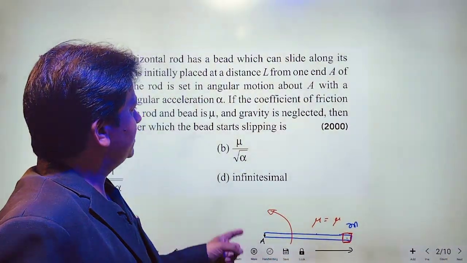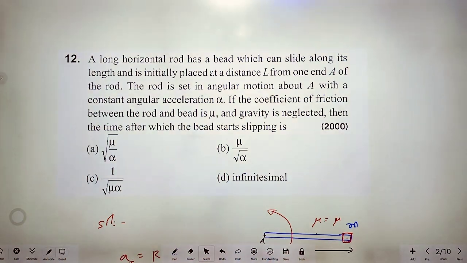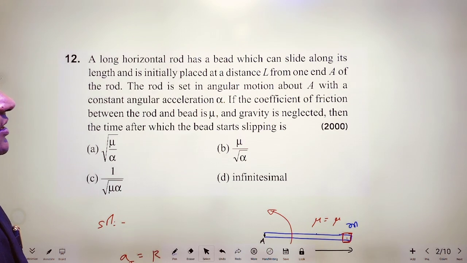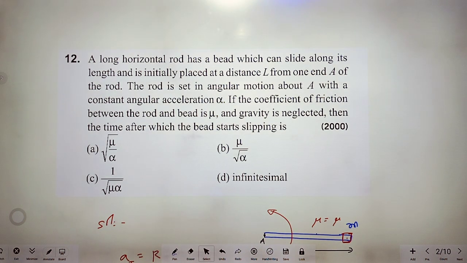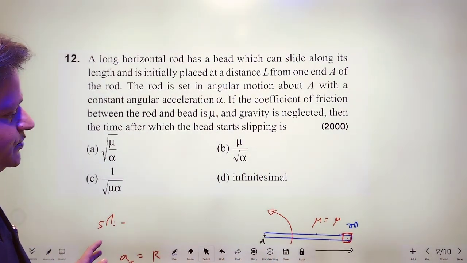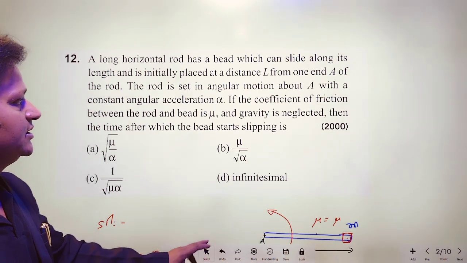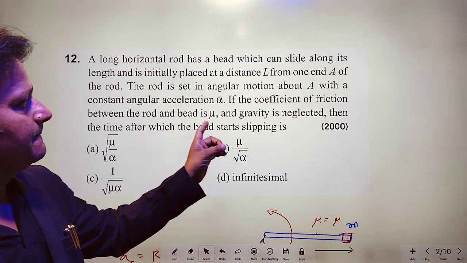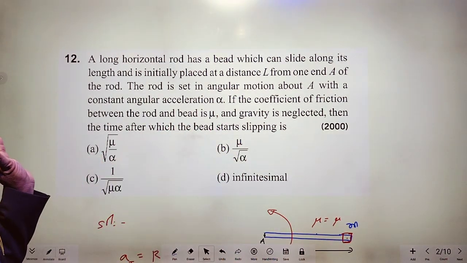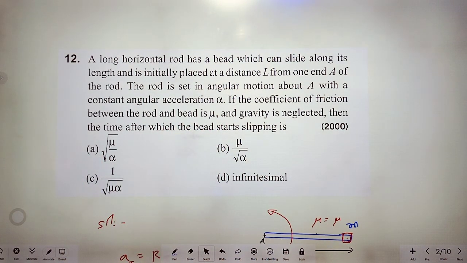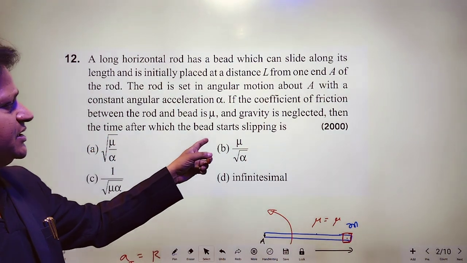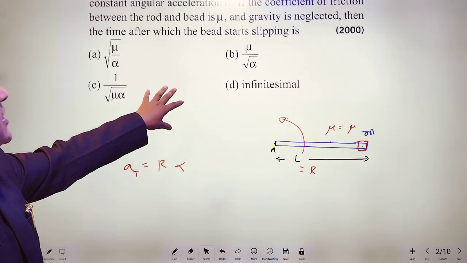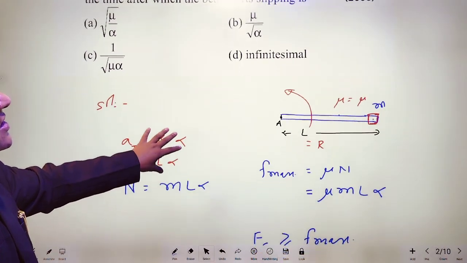Here the rod has angular acceleration alpha. Therefore, how do we find the angular speed at time t, the time after which the bead starts slipping?